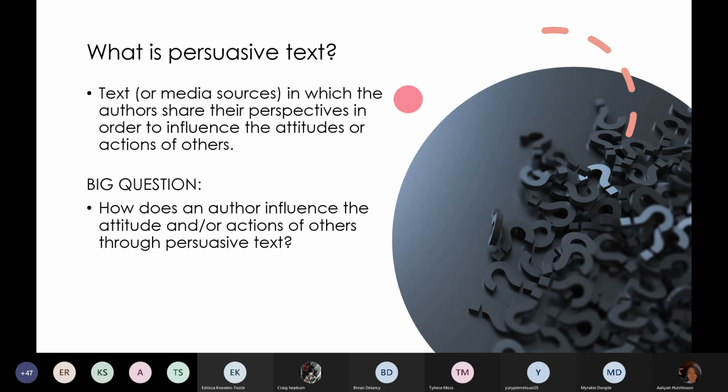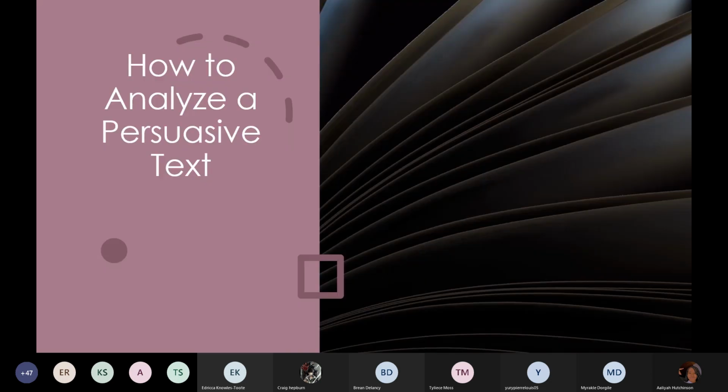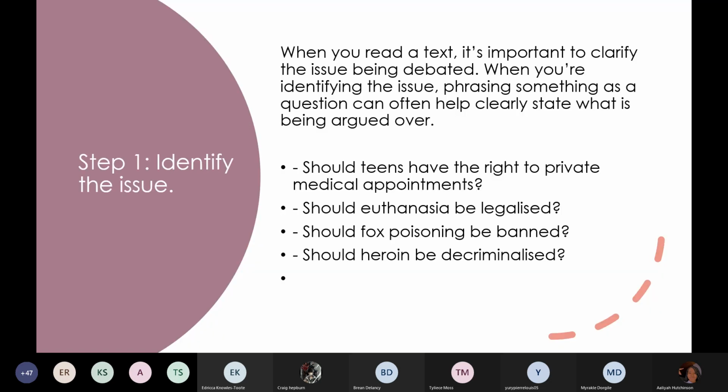So the big question, now, how to analyze a persuasive text. One of the things is that when you read a text, it's important to clarify the issue being debated.